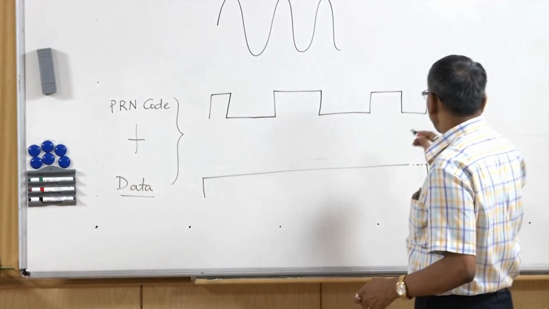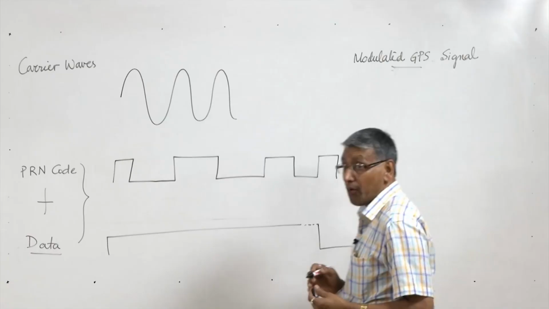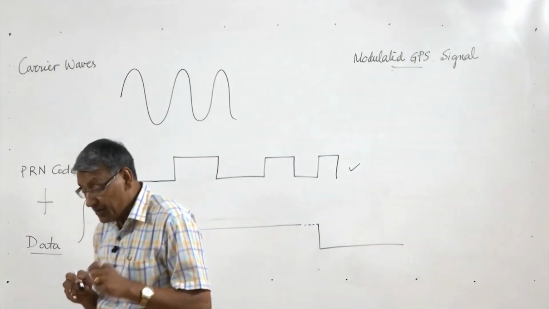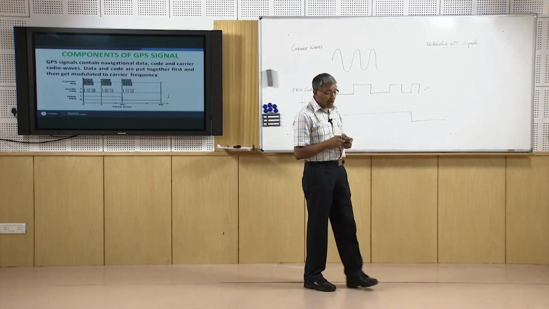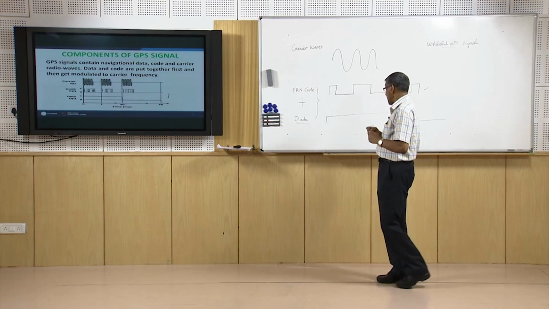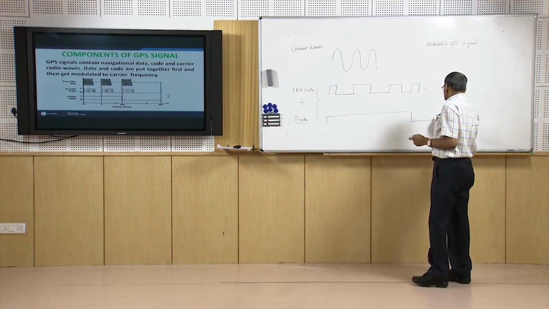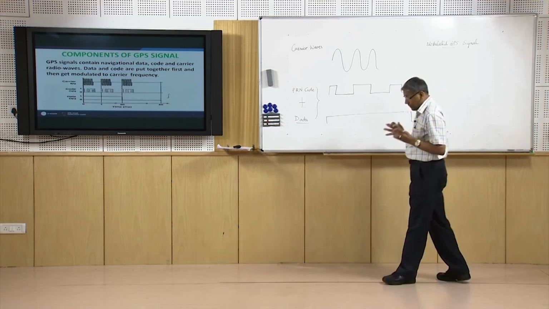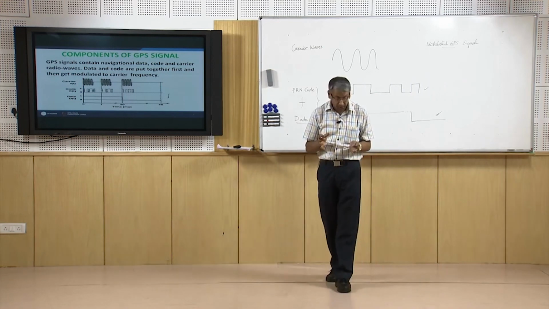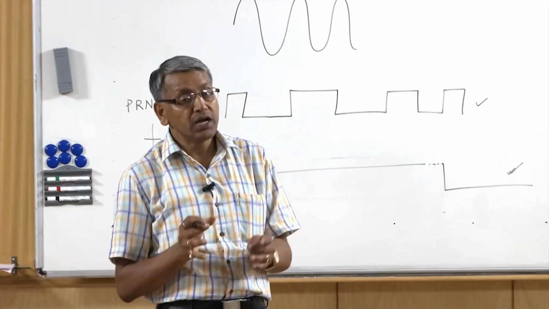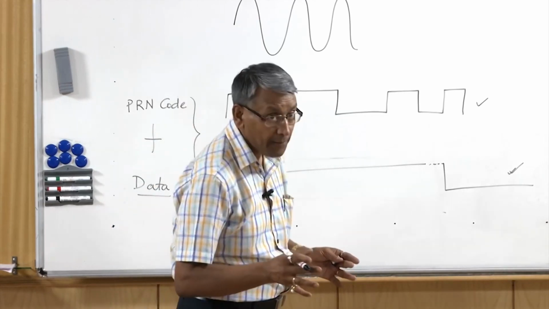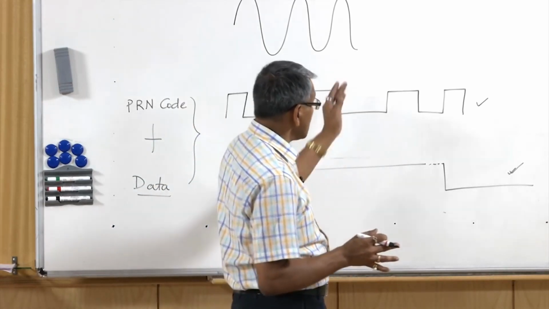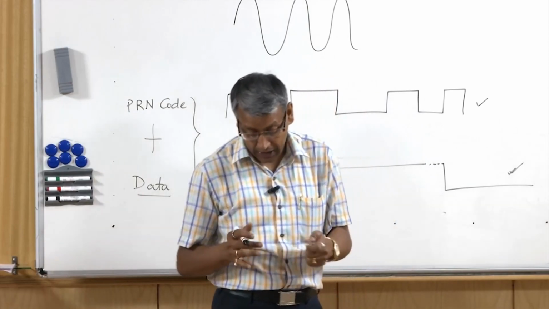The primary function of PRN code is to provide the identification of the signal, that means from which satellite it is coming, and then data is the primary information which users will make use of to derive many important pieces of information for which we are receiving this signal.